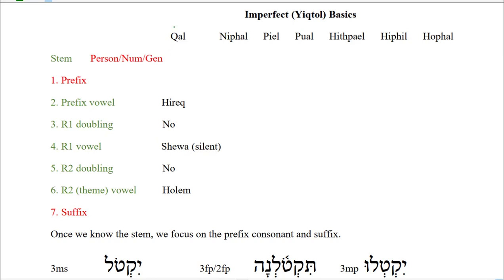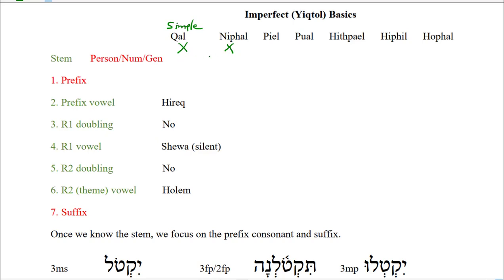So our cal is called the simple or the base stem. Cal actually means light. The nifal often will be the passive. If the cal has a form for a particular root, and the nifal also has a form for that root, the nifal will often be passive.